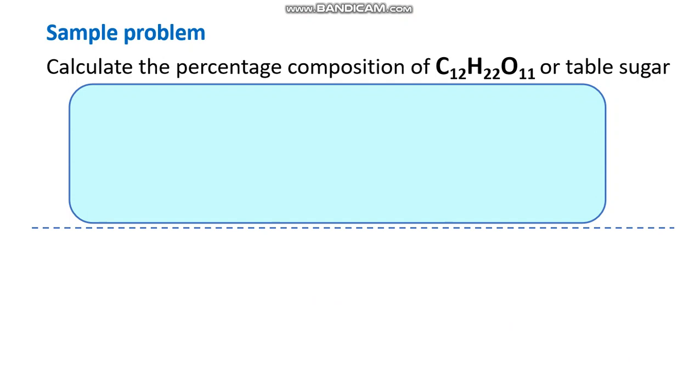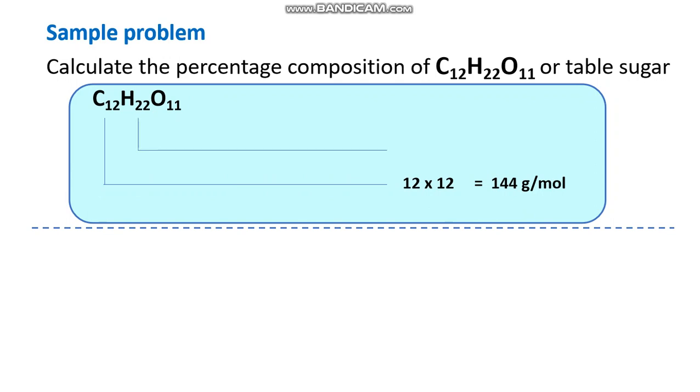So we have here the chemical formula for table sugar. Based on our previous slide, we need to identify the molar mass first of the elements involved. The molar mass of carbon is 12, multiplied by the number of atoms: 12 multiplied by 12 gives you 144 grams per mole.